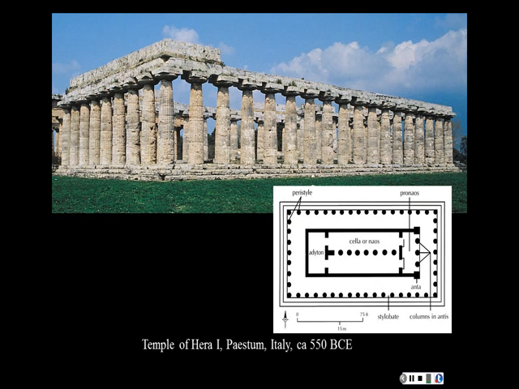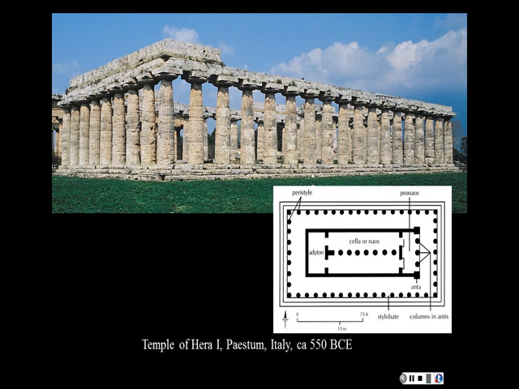We need to learn a little bit of vocabulary here in order to discuss Greek temples. And here is a plan of this particular temple. As you can see, this row of columns around the outside is called a peristyle, and those little dots there indicate each column.